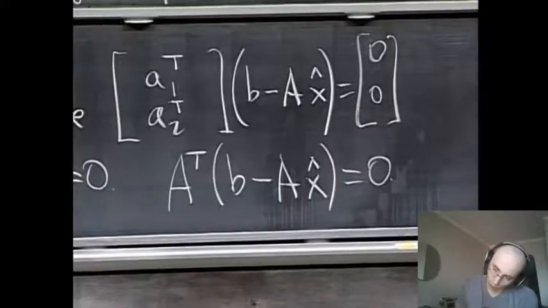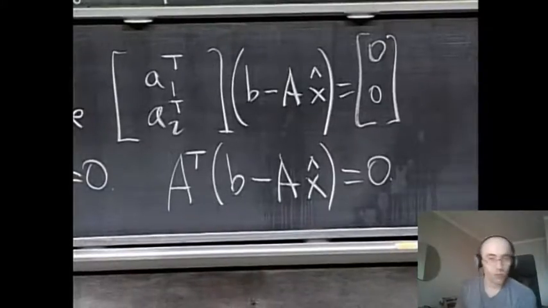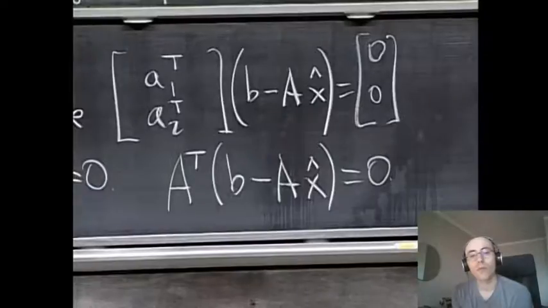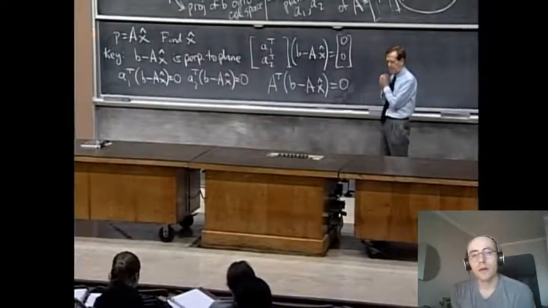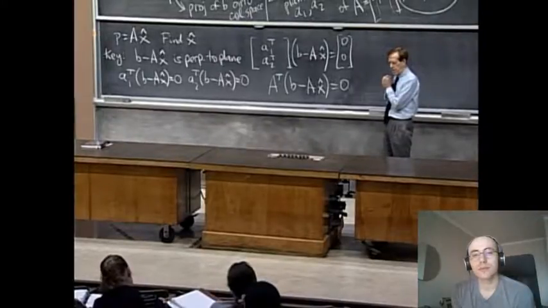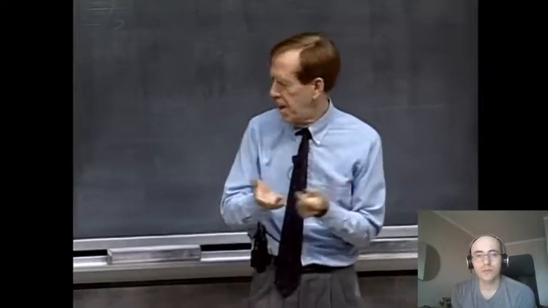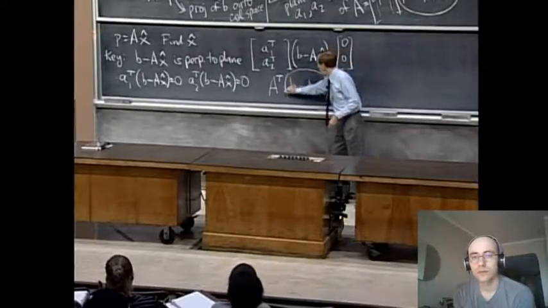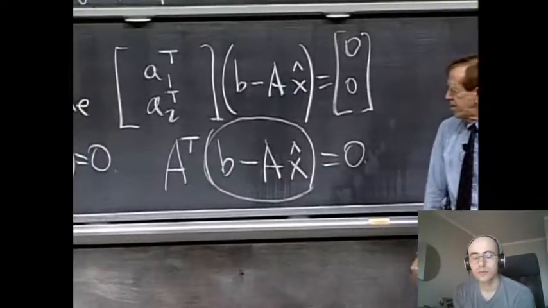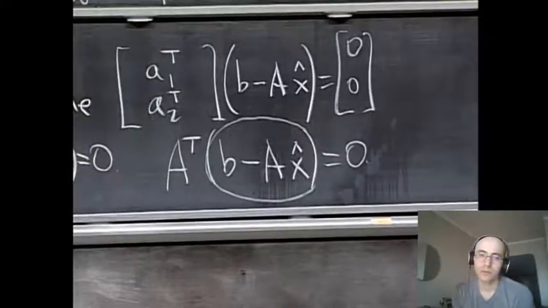Okay. Now, a second comment. Since I know about these four subspaces, I would like to get them into this picture. So let me ask the question. What subspace is this thing in? Which of the four subspaces is that error vector E?